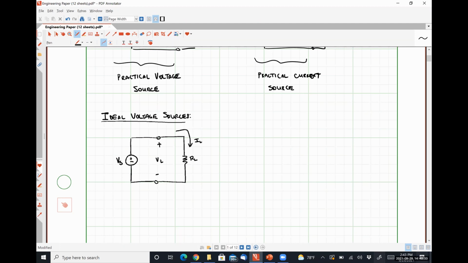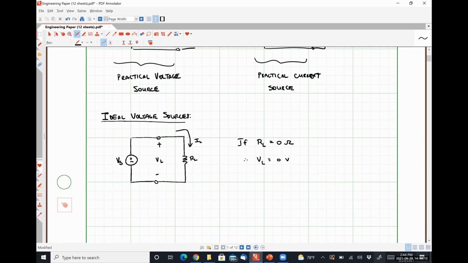So effectively, if I connect my voltage source to a short circuit, does stuff break? Absolutely. If I connect it to an open circuit, does stuff break? Not at all. So if RL is equal to 0 ohms, what does Ohm's law tell me that VL should be? 0 volts.